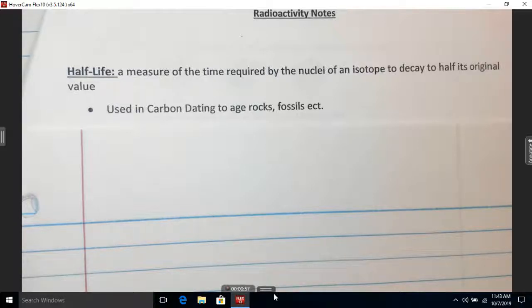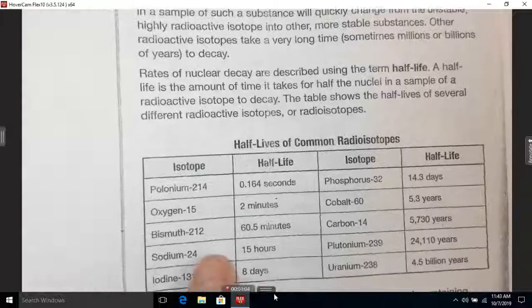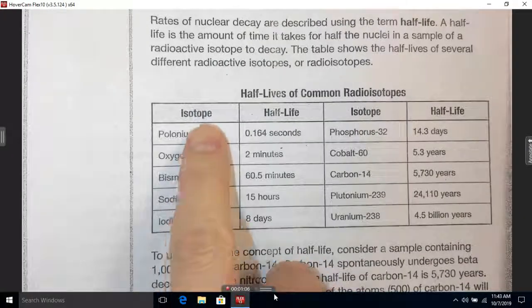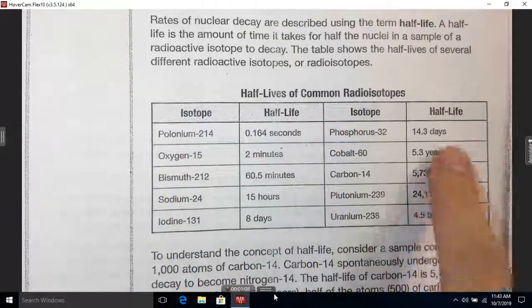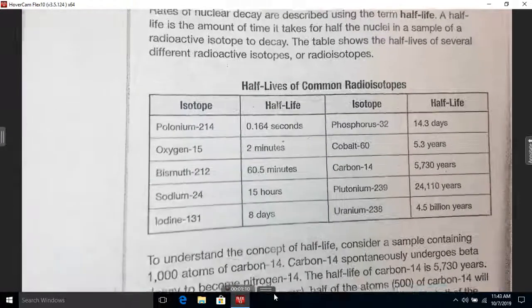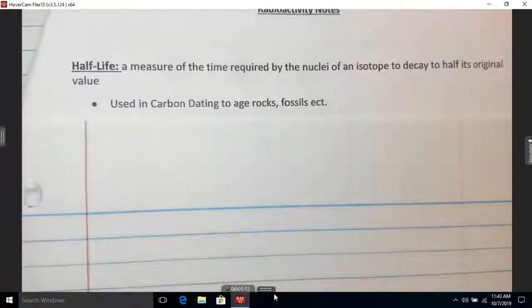Okay? I gave you the 4-page handout you were supposed to read, and in there you have this little table, and these are some common half-lives. Okay? Uranium's half-life is 4.5 billion years. Carbon-14 is 5,730 years.